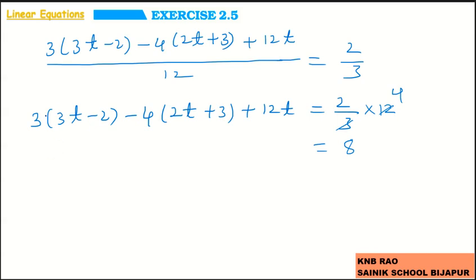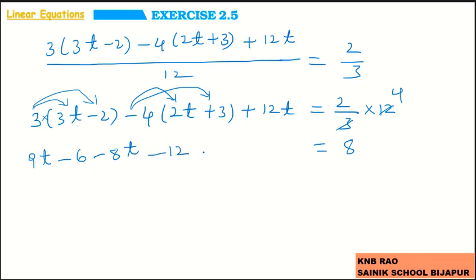Now we shall remove these brackets by the distributive property, multiplication over subtraction. 3 threes are 9t, 3 minus 2s are minus 6. This minus 4 now removes the bracket by the distributive property, minus 4 into 2t is minus 8t, minus 4 into plus 3 is minus 12, and plus 12t comes as it is. Now 9t, minus 8t and plus 12t, these are like terms.